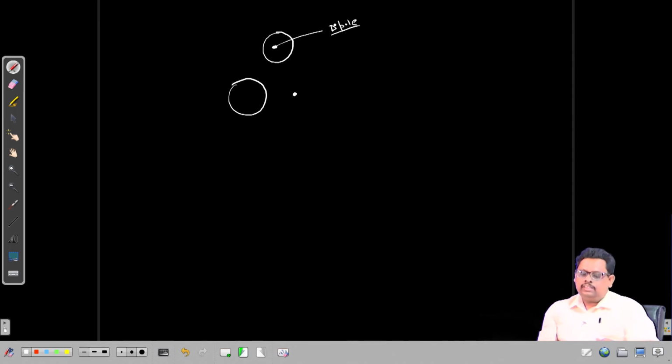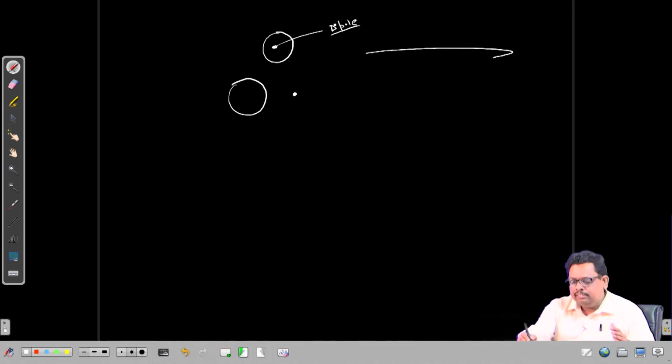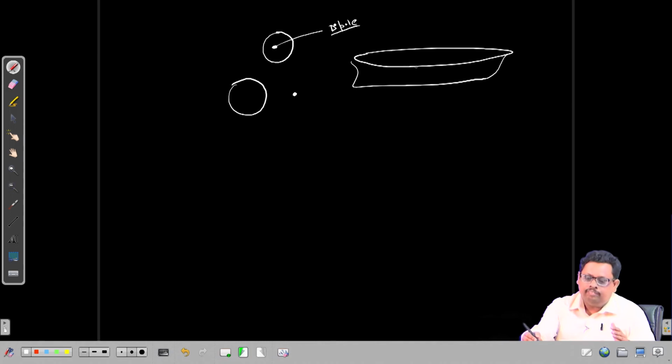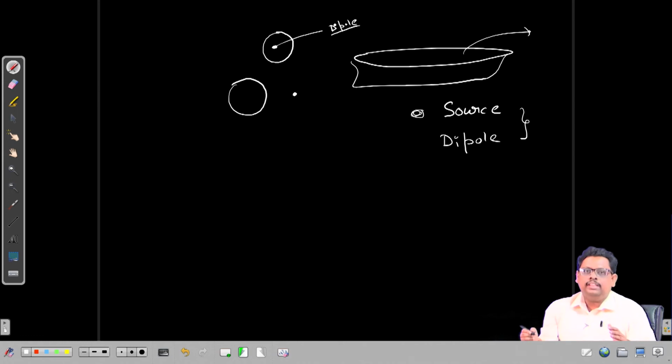This is the idea, and then we argue that in case of a ship also, if I try to find out the velocity potential over a ship, then instead of the ship I replace it with either some source or some dipole, or maybe the combination of both. So, that was the argument.